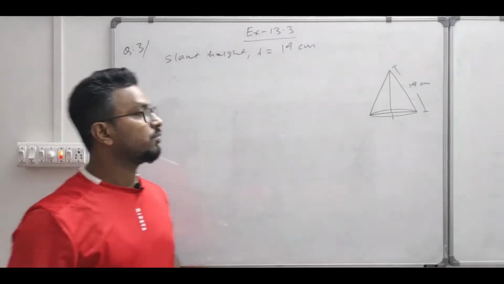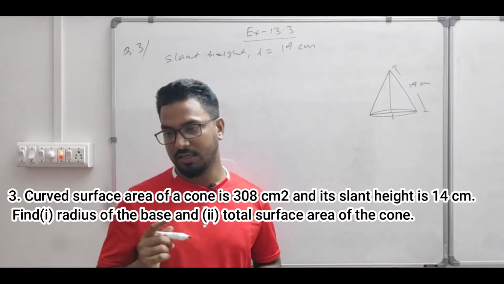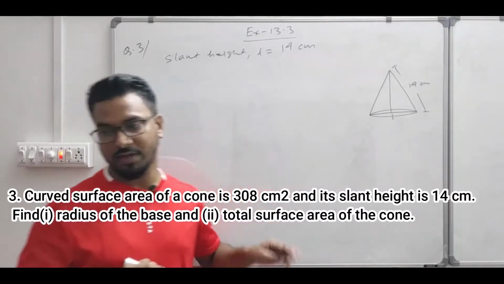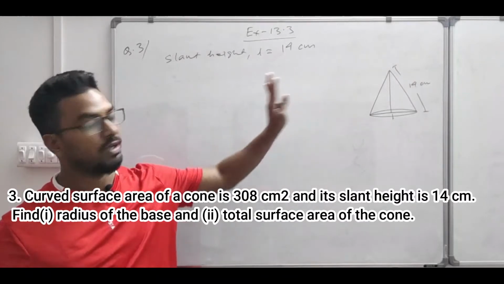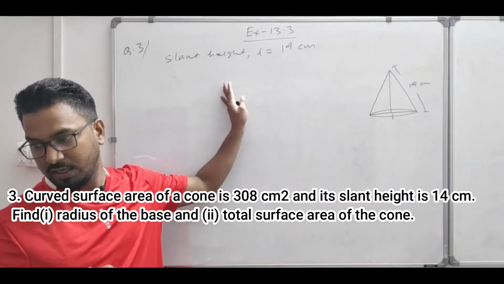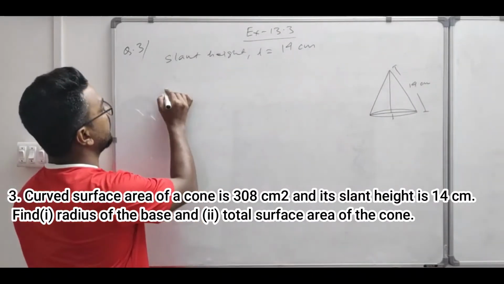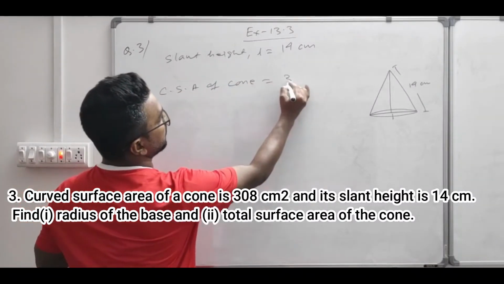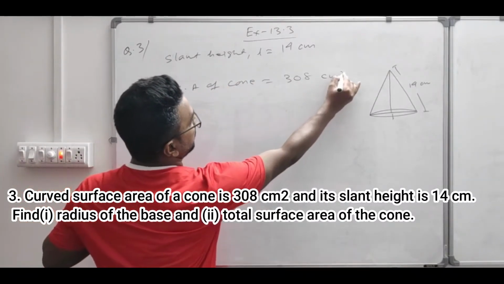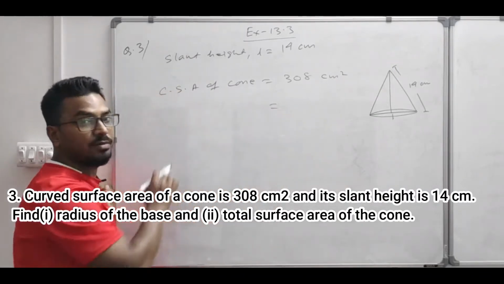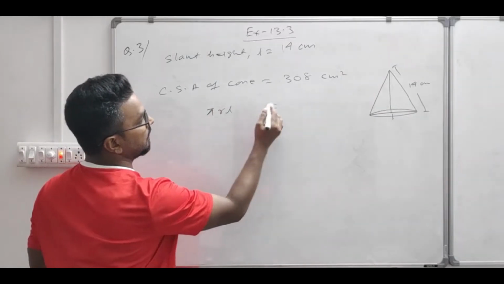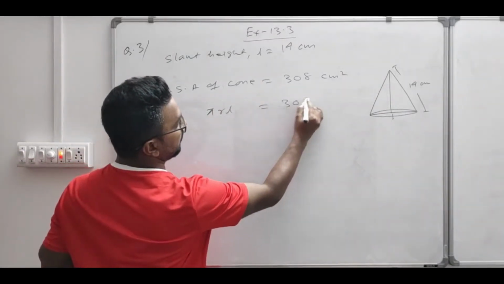Okay, moving to the next question, question number 3. It is given curved surface area of cone is 308, and the slant height is given 14 centimeter. So you have to find the radius. What is the formula for curved surface area? Pi r l. So we will put pi r l equals 308.